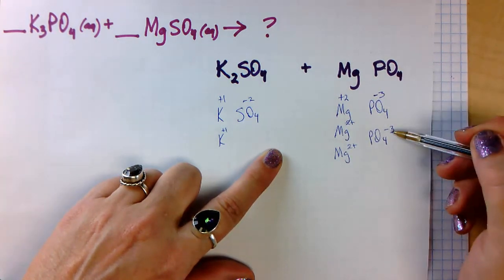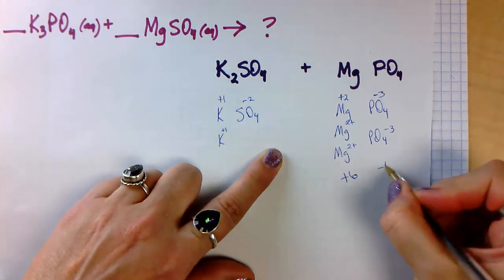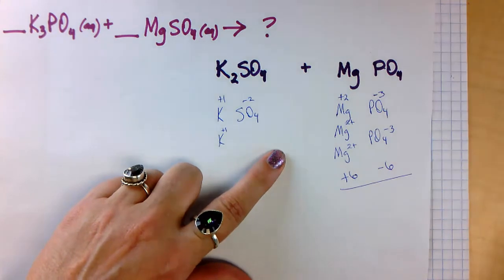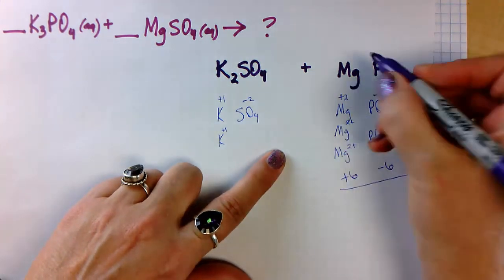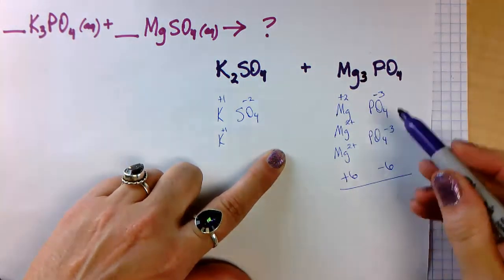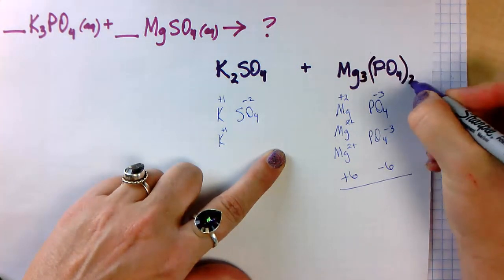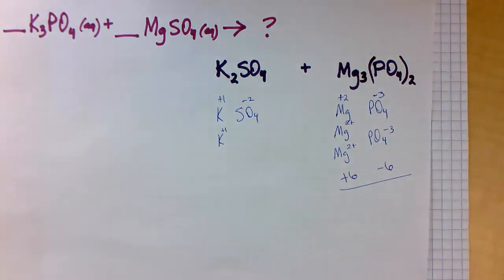Minus 3, minus 6. Now I have plus 6 and minus 6. That is neutral. So there are 3 Mg's and I have 2 PO4s. So I need to put that in parentheses with a 2. So the correct formula is actually Mg3 in parentheses PO4 twice.